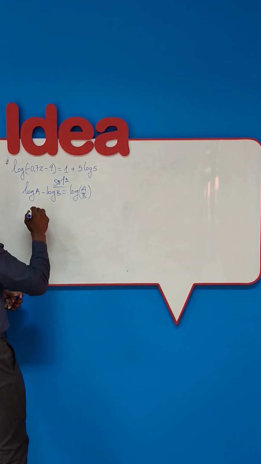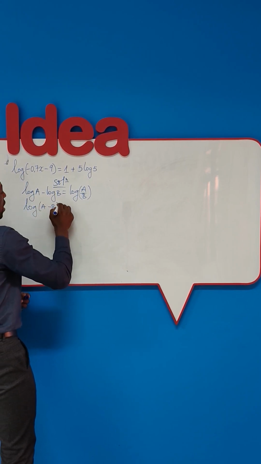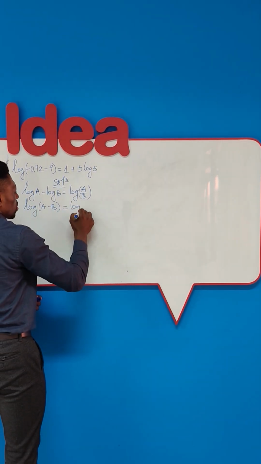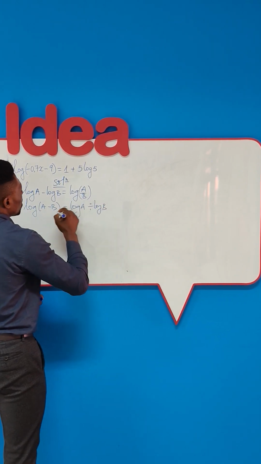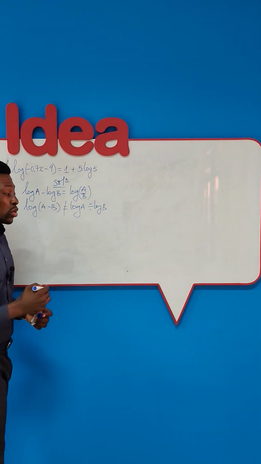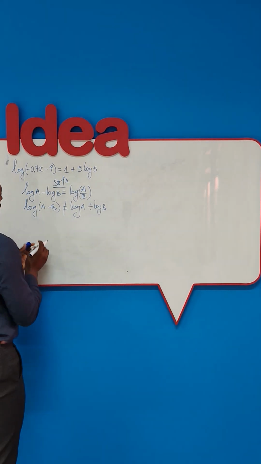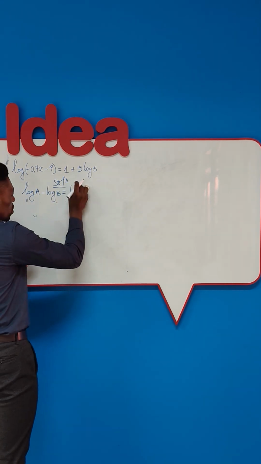But a lot of candidates, when they are faced with log of a minus b, are tempted to say it is the same as log of a divided by log of b. These rules are not the same, okay? This doesn't exist anywhere, so be very careful with this. This is the correct form of the law, but it is not what we're going to use right now.